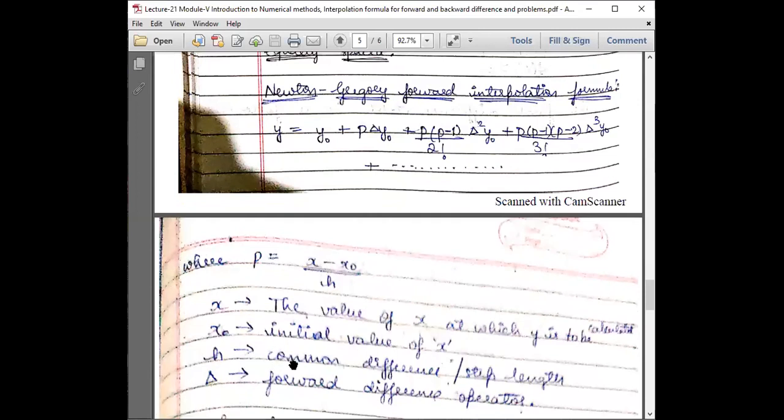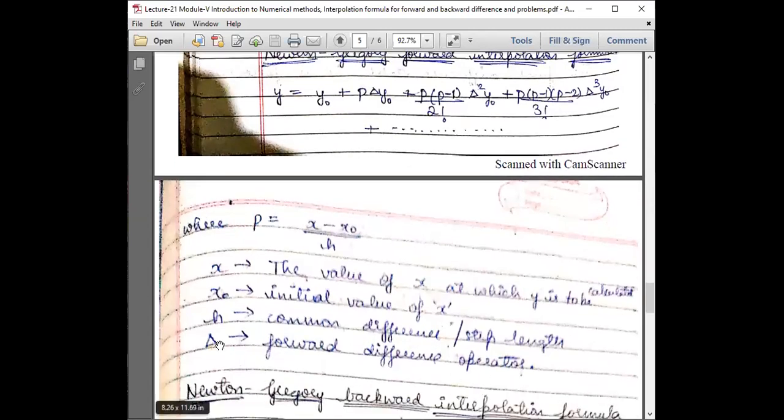Already I said in first semester also, h represents the difference between two equidistant points. This delta notation represents the forward difference operator, in place of which nabla represents the backward difference operator.